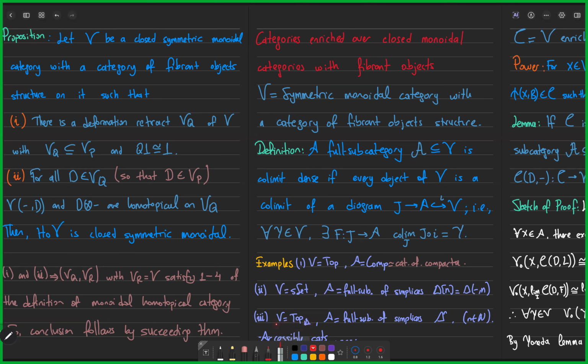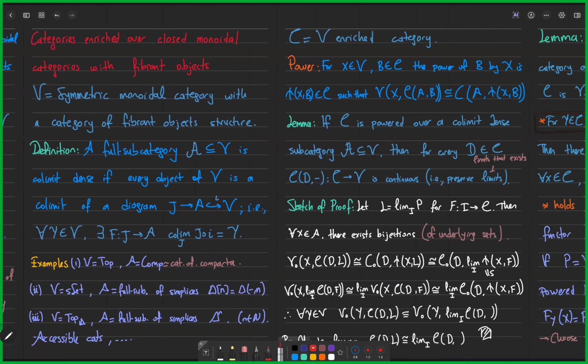If we choose Top delta, then we can choose the full subcategory of the usual simplices, and Top delta is generated by A in that case. Examples are quite plentiful for these kinds of categories or pairs.